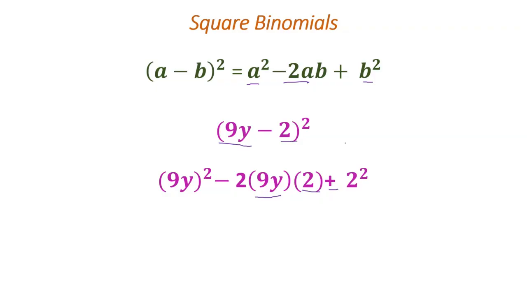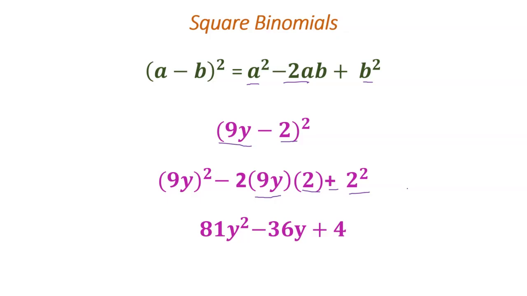9y whole squared will become 81y squared, minus 2 times 9y is negative 18y. And then you multiply that by 2, which will give you negative 36y. Plus 2 times 2, that is 4.